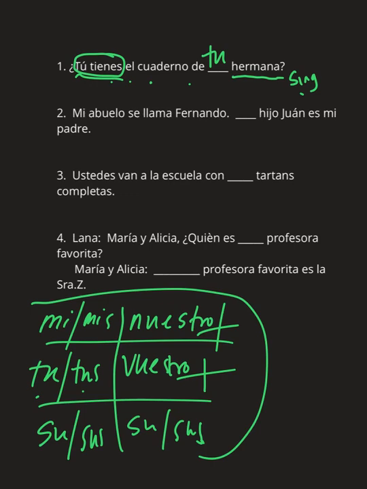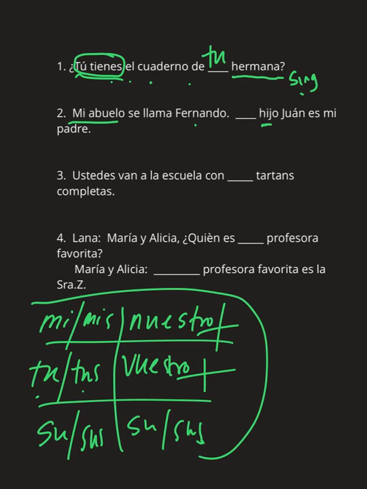Okay. Mi abuelo se llama Fernando. Blank hijo Juan es mi padre. Most common mistake here is that people just right away put me right here. Can't be me, right? So my grandpa is named Fernando.